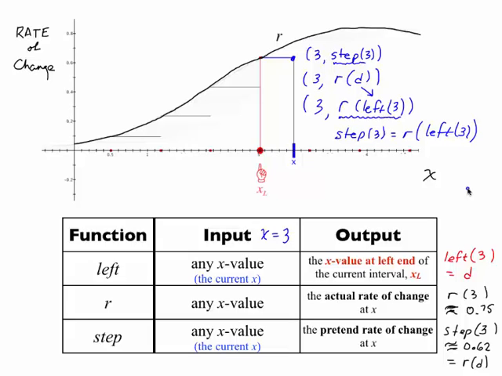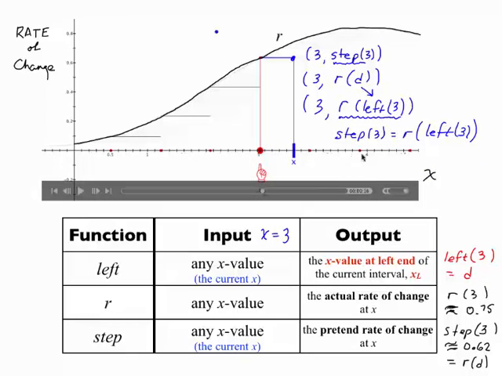This is how we can now write this step function. Instead of writing out a separate value for every constant rate in a big piecewise function, we can write it in one line. Step x is, so for any x value, how do you get the approximate rate at that x value? First you take the x and do left x.